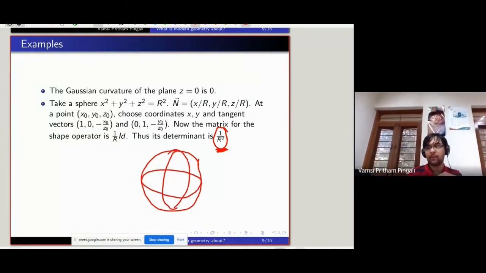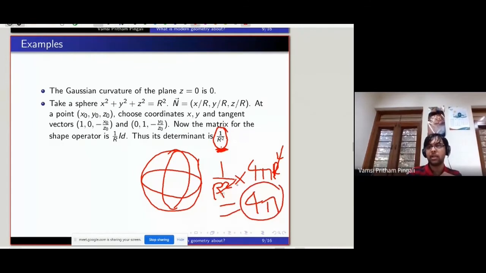Okay. By the way, you see something very, very interesting here. It varies as 1 over r squared, right? What is 1 over r squared times 4 pi r squared? It is 4 pi. In other words, this number is independent of r. And this is not a coincidence, by the way. Okay? We'll come to it later, if time permits.